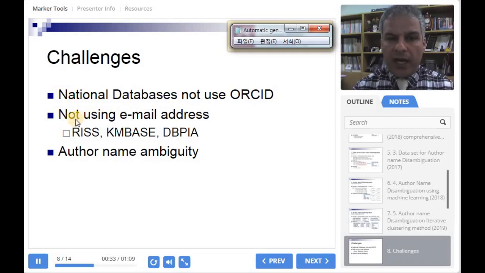In Korea, I have seen that databases such as RISS, KMbase, or DBpia don't have an email address in their metadata. And the third problem was author name ambiguity is much more common in Korea than other places because the first initials are the same for many people.